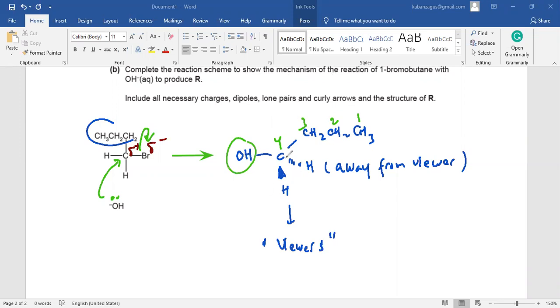Therefore, we can convert that numbering from left to right, because this carbon, which is attached to the functional group, should get the priority.